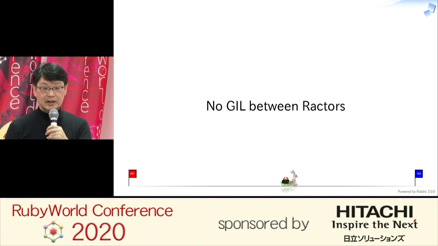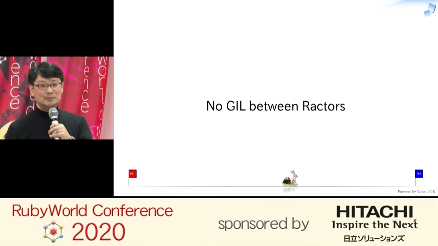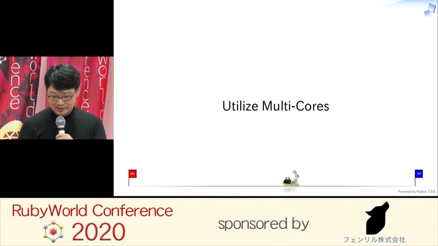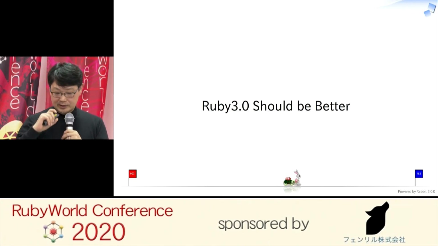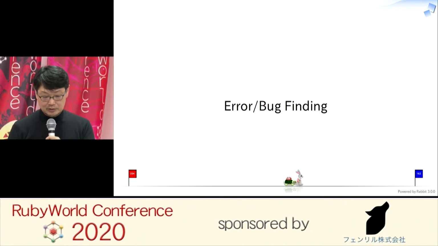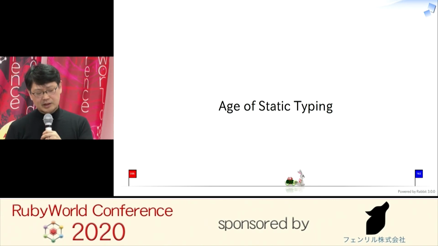And between the Ractors, there is no interpreter lock, so we can utilize the multi-cores to the greatest extent.